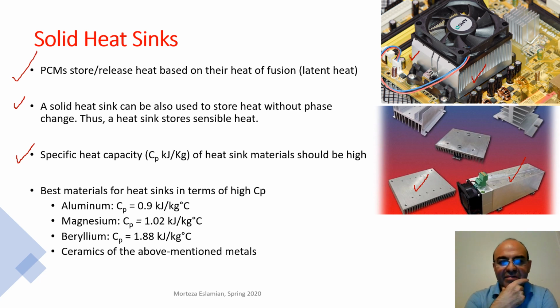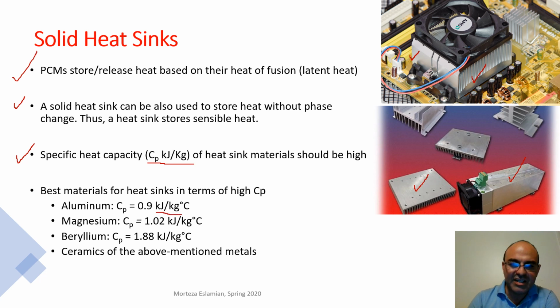That specific heat capacity is the amount of heat which can be absorbed or stored per unit mass per degree C. It appears that here I do have a wrong unit for Cp. The unit of Cp should be kilojoules per kilogram per degree C, or per Kelvin or Fahrenheit.